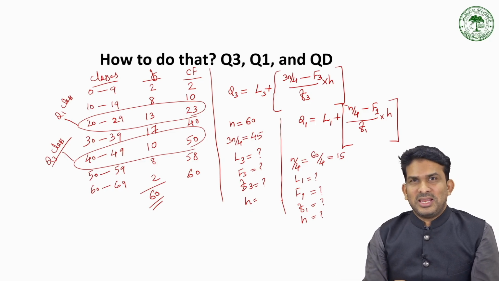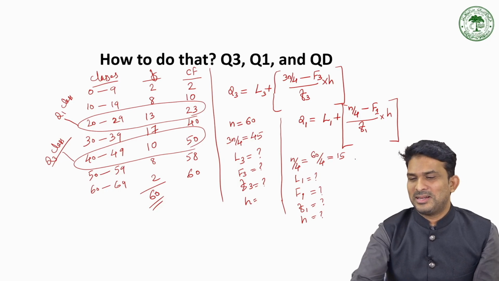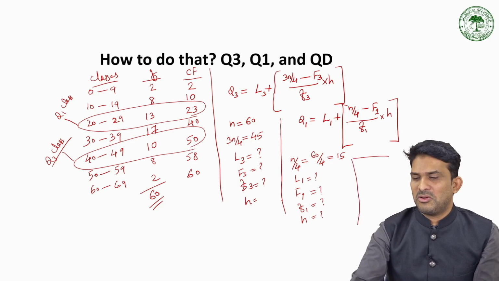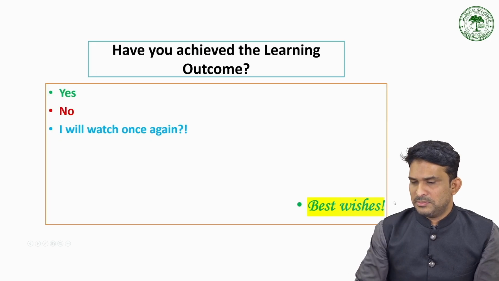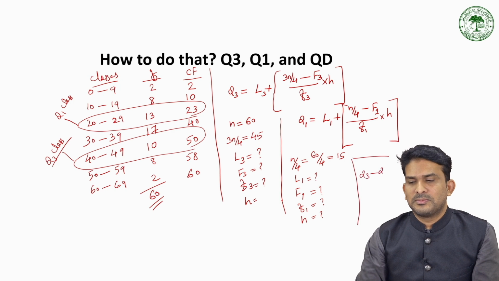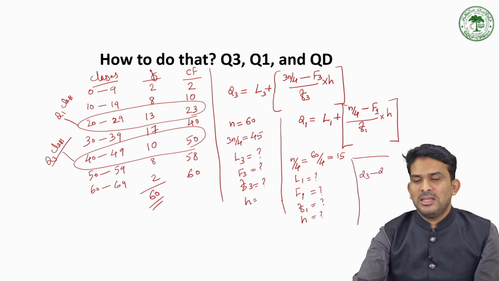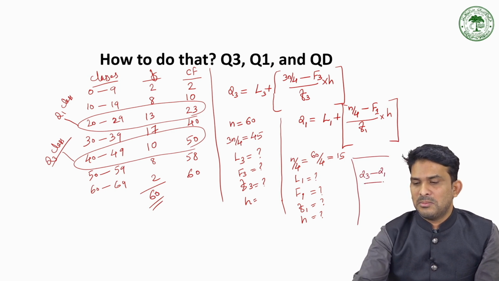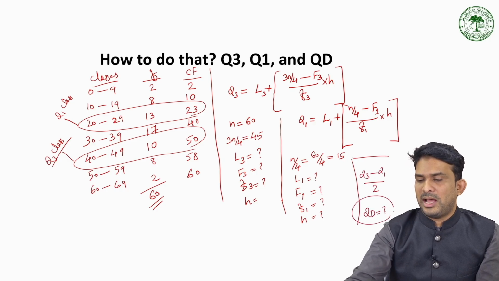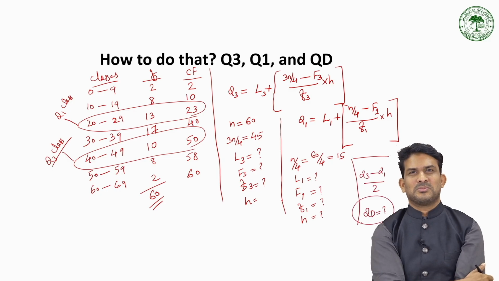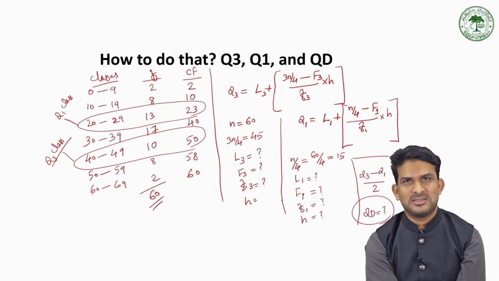Quartile deviation is a very easy formula. Yes, you know that, right? What is the equation for quartile deviation? Q3 minus Q1 by 2, that is quartile deviation. So you will get a value for quartile deviation. Identify the value. At least you have to do this.